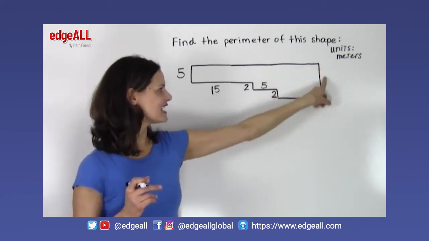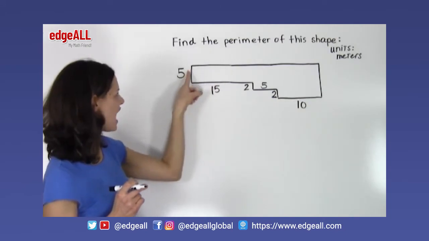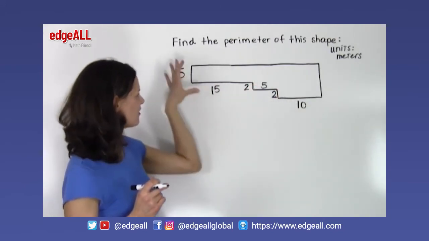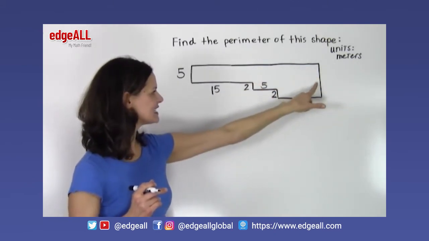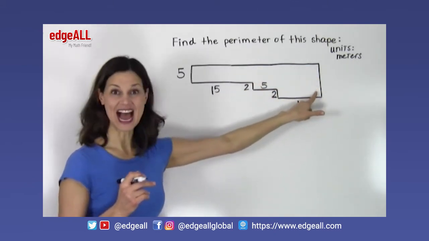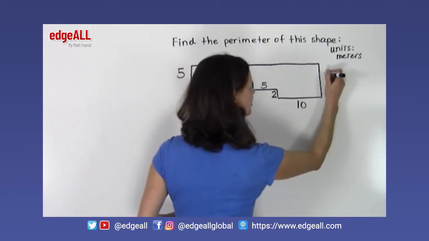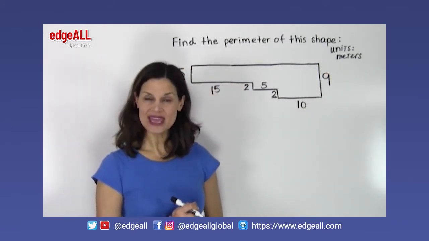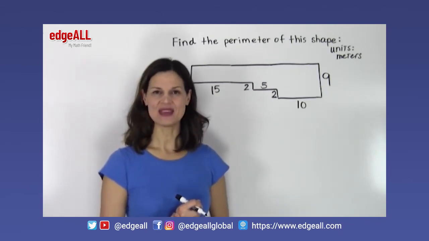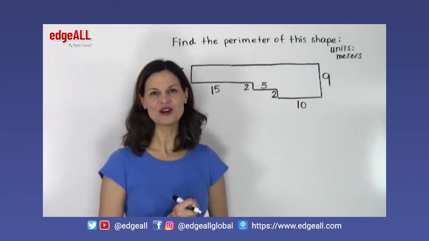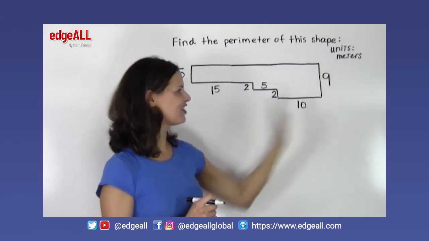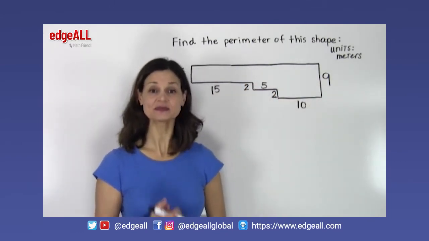So this long section here has to equal 5 plus 2 plus 2. 5, 6, 7, 8, 9. So right over here where we did not previously have a measurement, we can put the number 9 because we know that the smaller vertical pieces have to add up to equal this longer vertical piece.